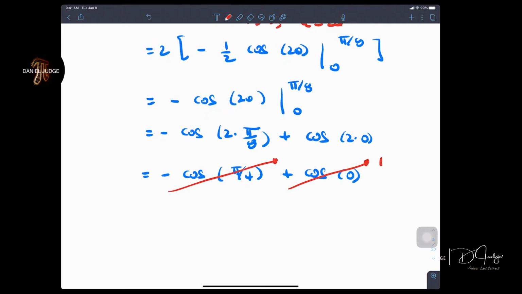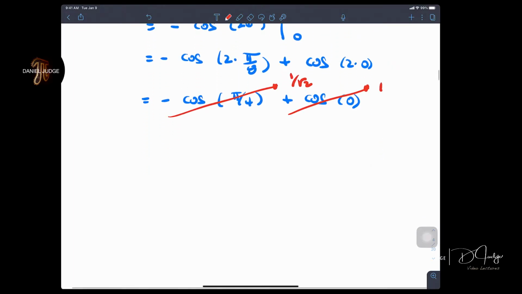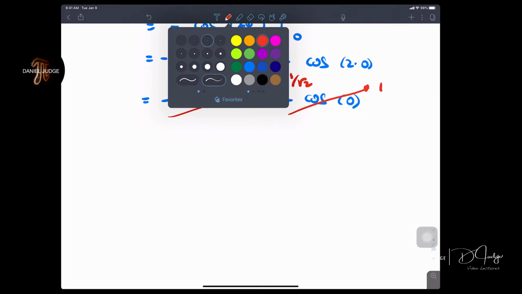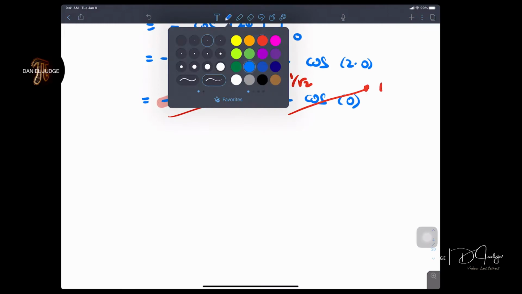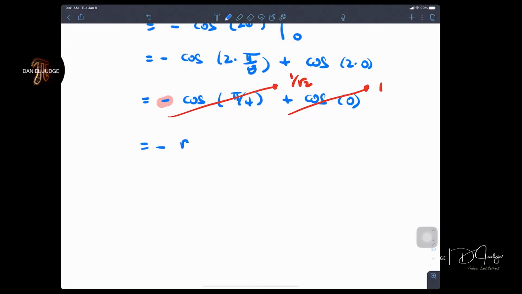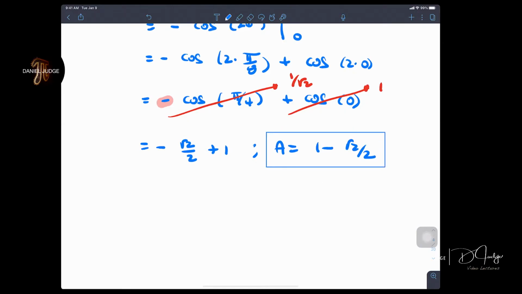Cosine of pi over 4 is 1 over the square root of 2, or square root of 2 over 2. And don't forget, you have a minus sign already. So we get minus square root of 2 over 2 plus 1, or we can say 1 minus the square root of 2 over 2, if we rationalize the denominator here.